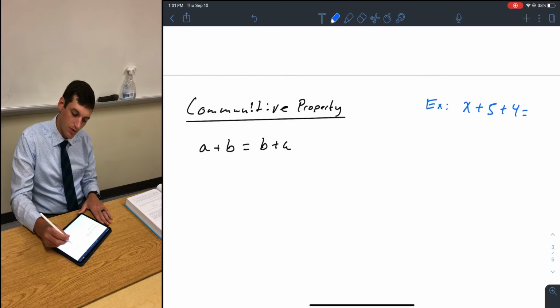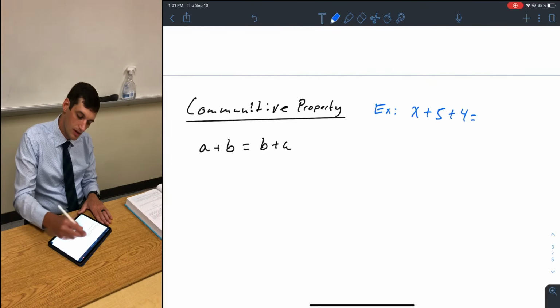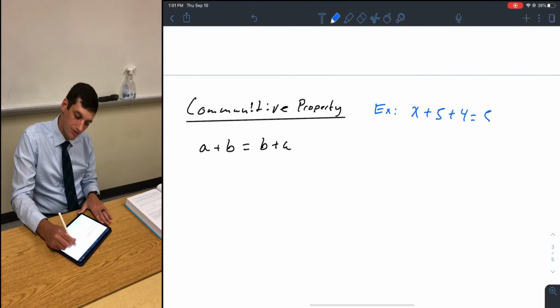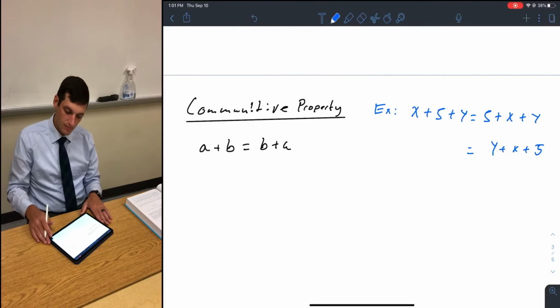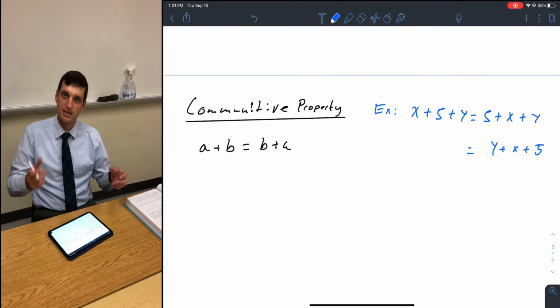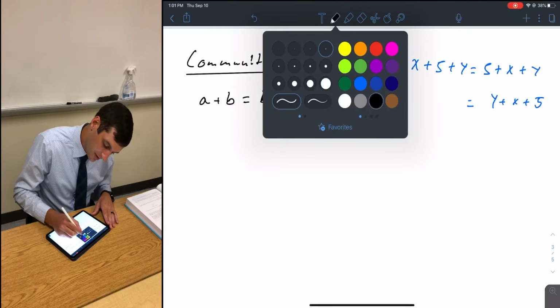That also equals 5 plus x plus y, and also equals y plus x plus 5, and so forth. So I can rearrange these things using the commutative property. So that's how the commutative property works.